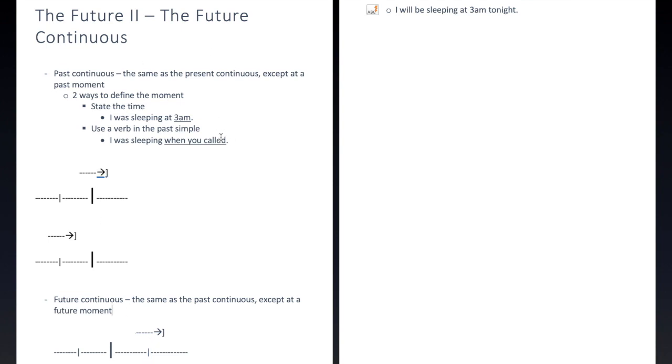Okay, in these sentences, either 3 a.m. or when you called would be this moment right here, and then sleeping would be this thing right here. Hopefully you saw that. So it'd be the same thing. Here's sleeping in the future, like tonight, and here's 3 a.m. tonight, this coming night. It will be our defined moment for that future continuous thing.